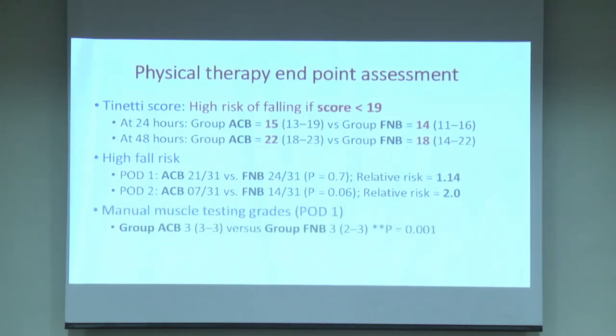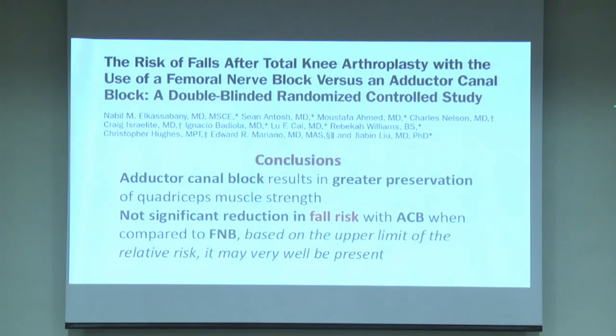The manual muscle testing grades were higher; the muscle strength was more preserved by the adductor canal block. The ambulation distance and the timed up and go test were similar. So the conclusion was that the adductor canal block results in greater preservation of quadriceps muscle strength, and there's no significant reduction in risk of fall with adductor canal block or with femoral nerve block.